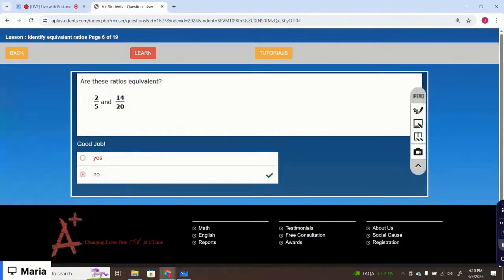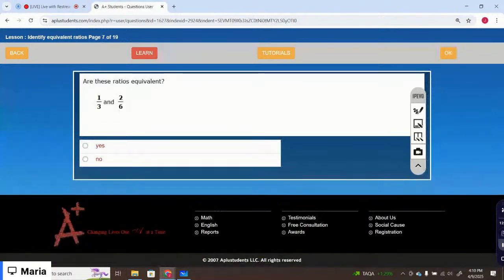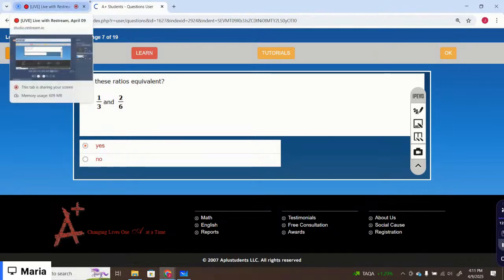Option number 2 is the correct option. Are these ratios equivalent, 1 to 3 and 2 to 6? Yes, they are equivalent. Okay, you can complete the lesson by yourself later today. Let me move on to the next lesson.